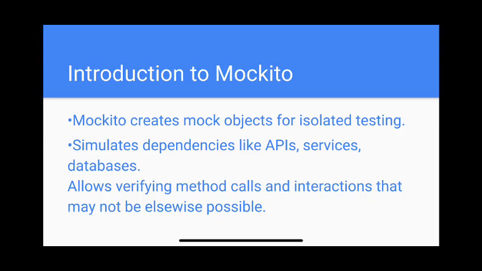With verify, we can confirm interaction patterns like whether a method was called, how many times, and with what arguments. It also supports spy objects, void method stubbing, and behavior-driven testing using the given, when, then syntax.